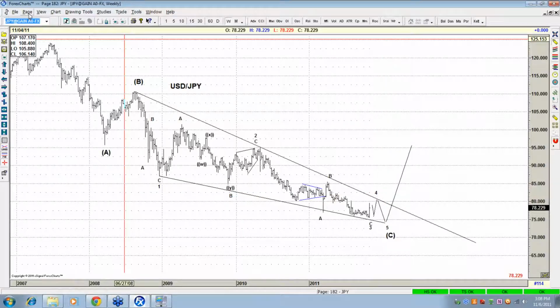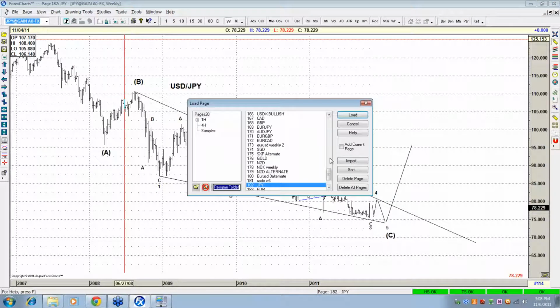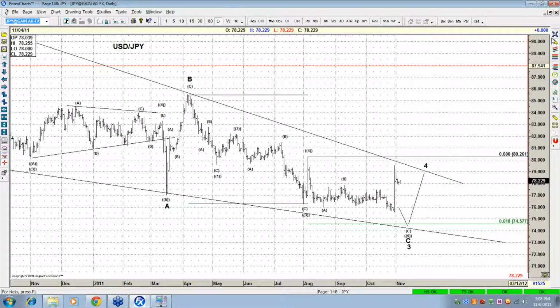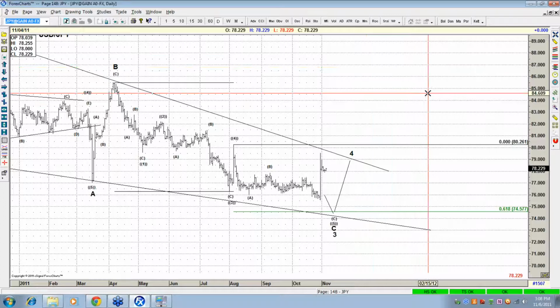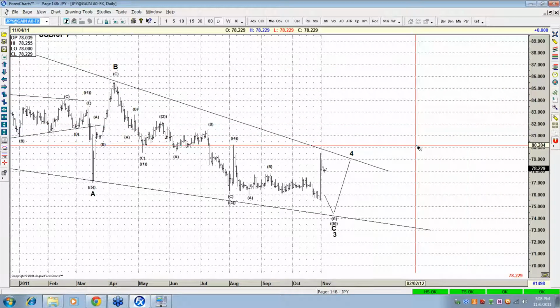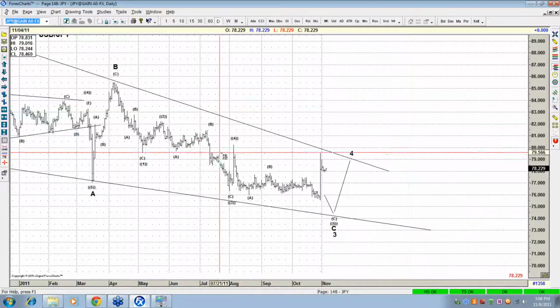Now that's on the weekly. If you go a little smaller, this is the daily, and that's unbelievable what they did right there. Because look, I was expecting this.